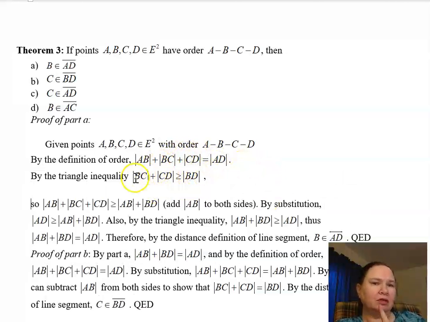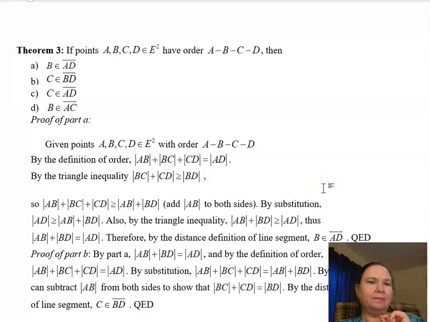This doesn't take the definition of a line at all. Just because there are any 3 points in the plane, I can write this down as an inequality. B to C and then C to D cannot be shorter than going from B to D. It is at least as long as going from B to D.